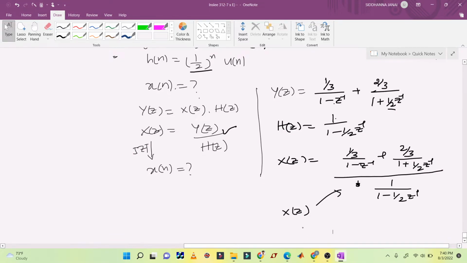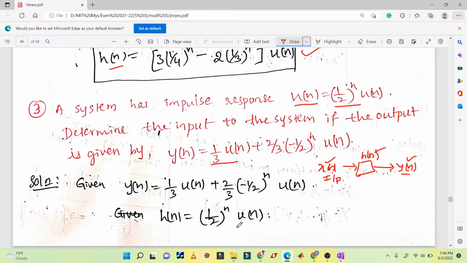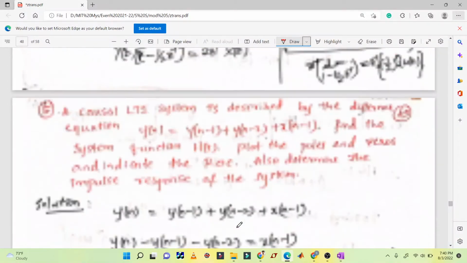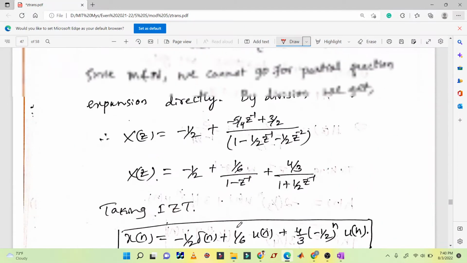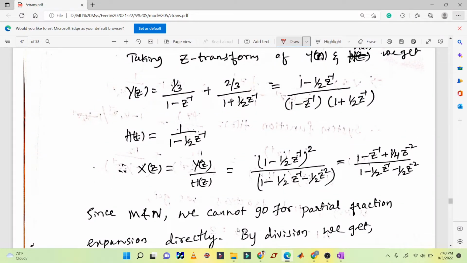Now simplifying this, we need to cross multiply these two things, and then this will be like 1 divided by x divided by y. Using that form we need to simplify, and finally after simplification we will get this equation.